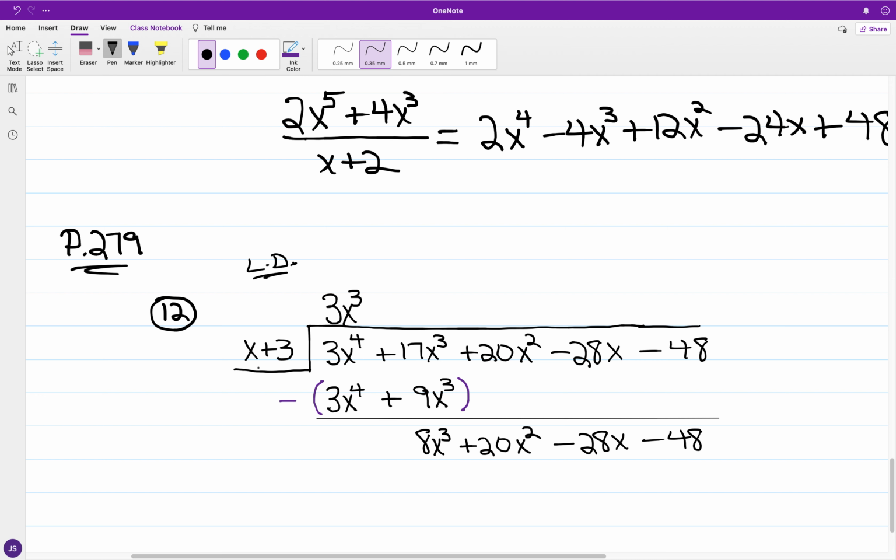So I took x into 3x to the fourth. Now for the next term in the quotient, this will be the result if I take x into 8x cubed, so this will be 8x squared. And if I distribute 8x squared over x, I'm going to have 8x cubed, and 8x squared distributed over 3 is going to be 24x squared.